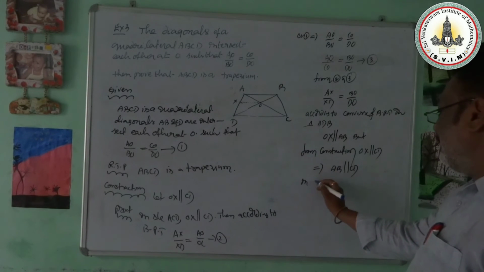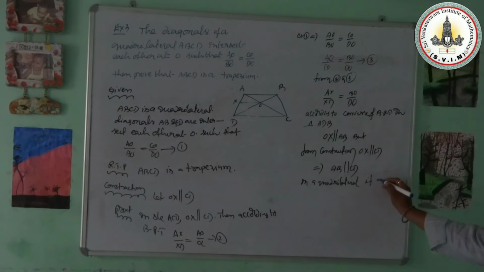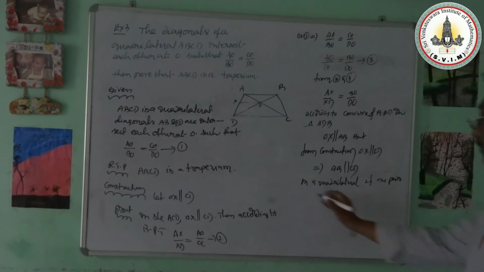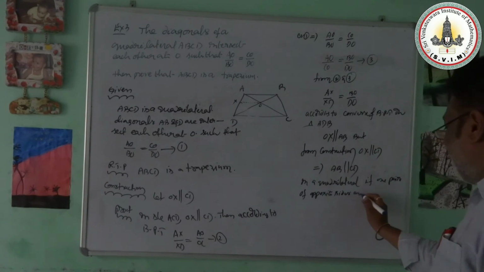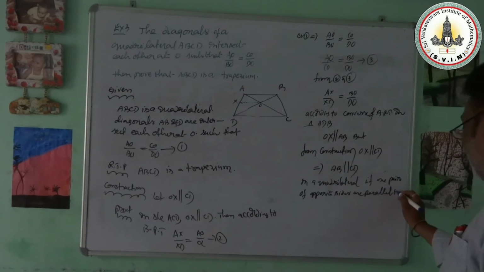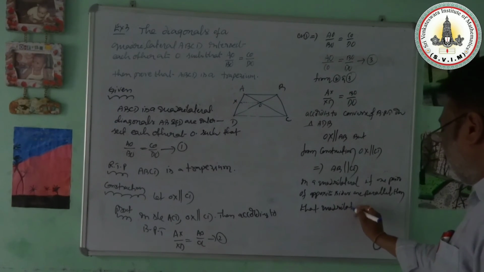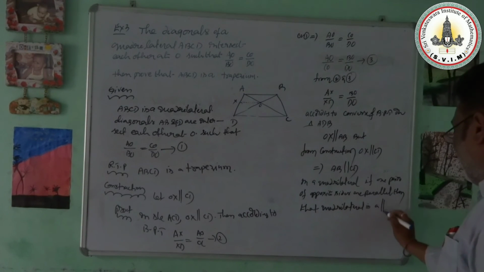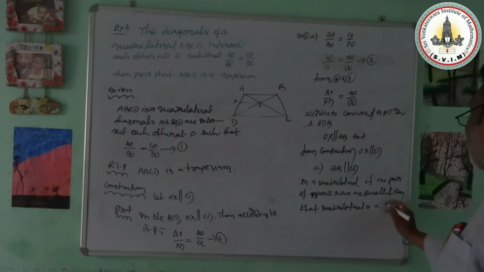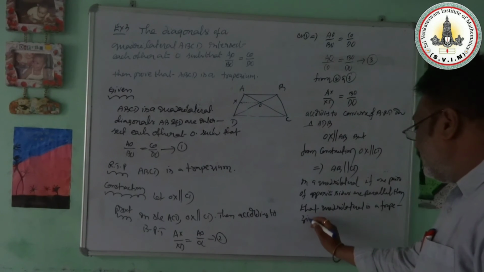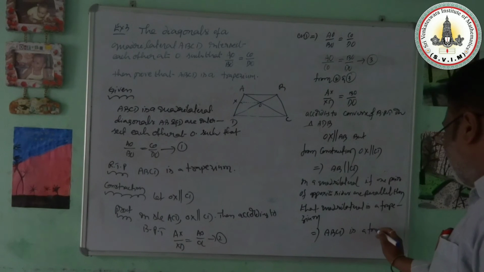So in a quadrilateral, if one pair of opposite sides is parallel, then that quadrilateral is a trapezium, not a parallelogram. So ABCD is a trapezium.